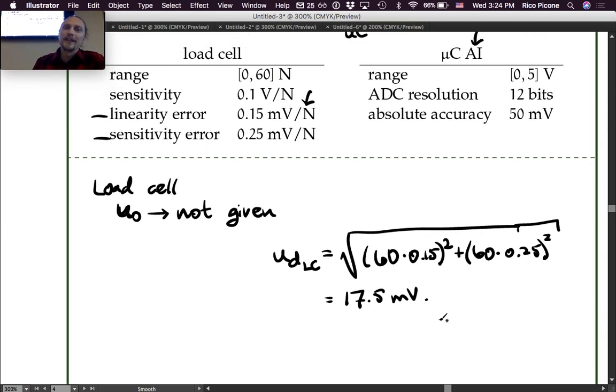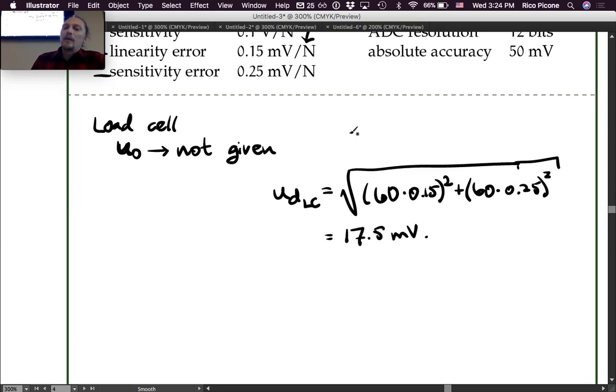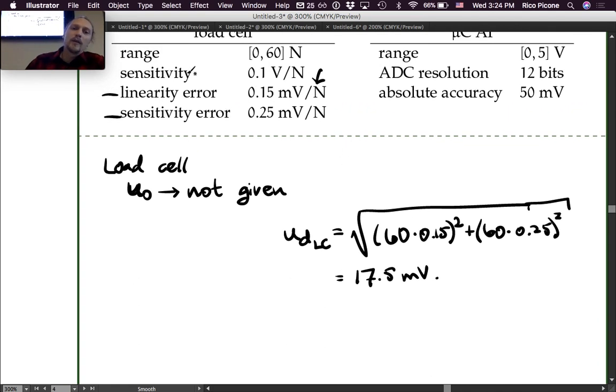We're measuring 0 to 60 newtons of force from the load cell. So we want to know what this uncertainty means for our force measurement. So let's convert it through this sensitivity value here. The sensitivity tells us how to convert for that load cell from a voltage to a force, or vice versa.